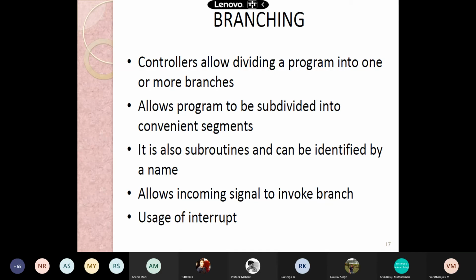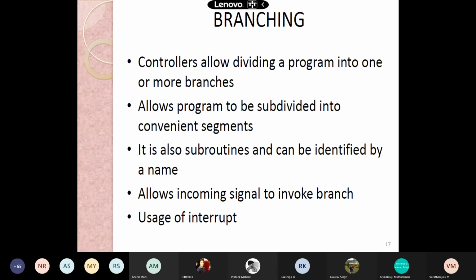The subroutine can be executed either by branching to it at a particular place in the program, or by testing an input signal line to branch to it. The amount of decision logic that can be incorporated varies widely with controllers.